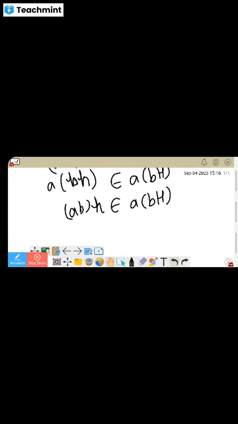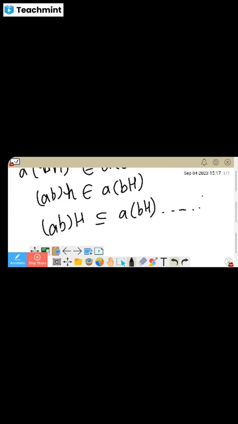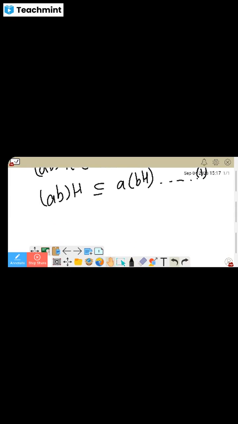So we can write this AB into H is a subset of A into BH. Take this as equation or condition one.